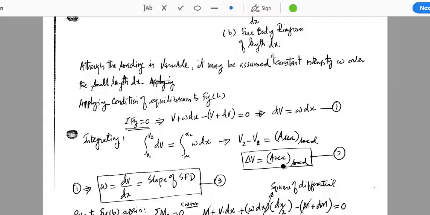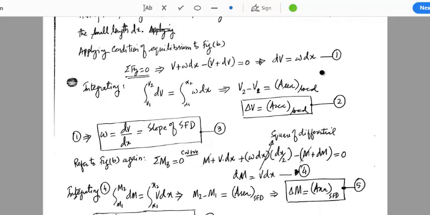Again, at this point we are talking in terms of variables, so it might not be crystal clear to you, but I hope when we solve the numerical problems, these things will become very clear. This is one of the important relationships, and we will be using it all the time in the next several weeks. So keep this relationship in your mind: the change in shear is equal to the area of the load diagram.